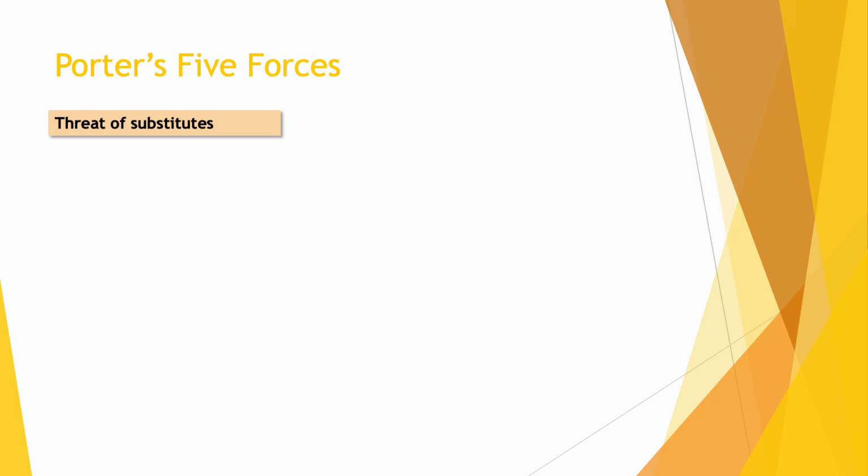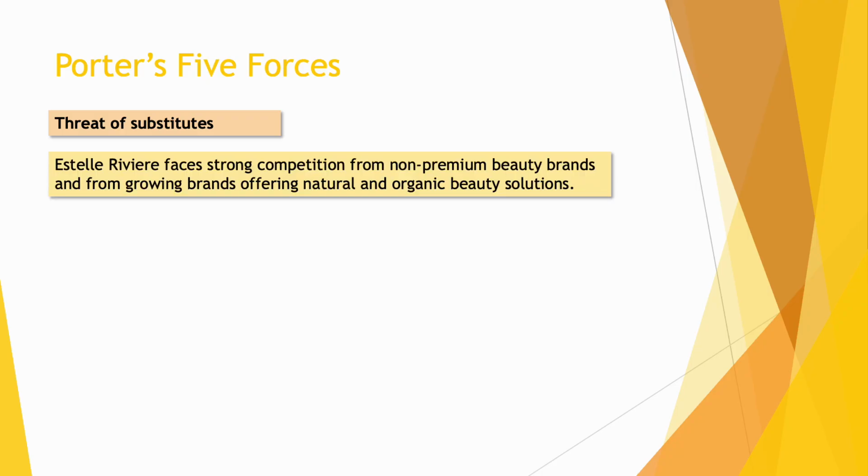Now, moving into our fourth force, we have the threat of substitutes. So what you're looking at here is first of all deciding what those substitutes might be. Now, it's a broad area, this idea of substitutes. It could be that you've argued that actually a substitute for our premium beauty brands might be non-premium beauty brands.